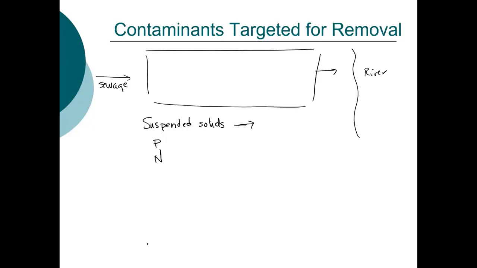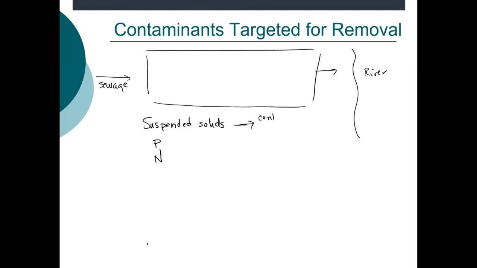One, it can contain organics, and if it contains organics, it can consume oxygen in the process of being degraded. It's also harmful for wildlife. It will settle on the bottom of the water body.